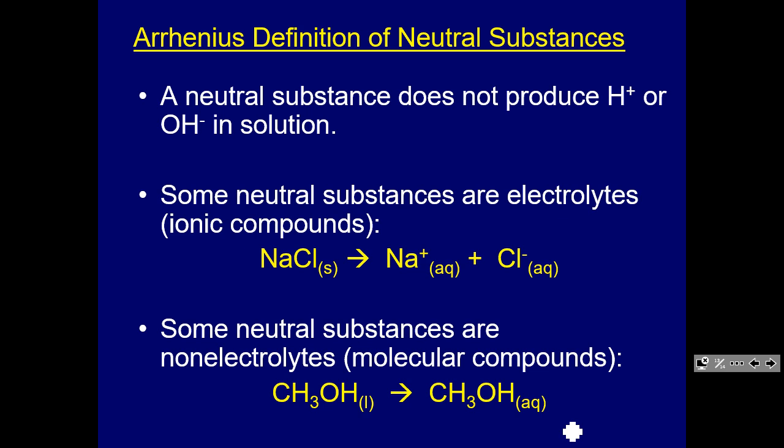If there's no H plus and there's no OH minus, according to Arrhenius, it's neutral. Now, that's not always true. That's why the Arrhenius theory is not the best. You might think, why do we teach it? And it's because it's the simplest. It's the easiest to get into our brains to start the discussion on how this stuff works.